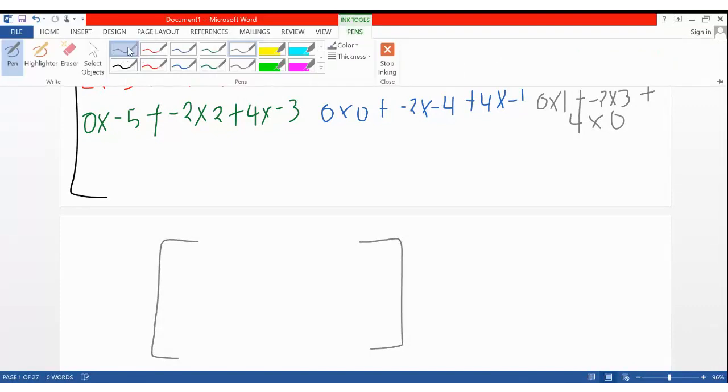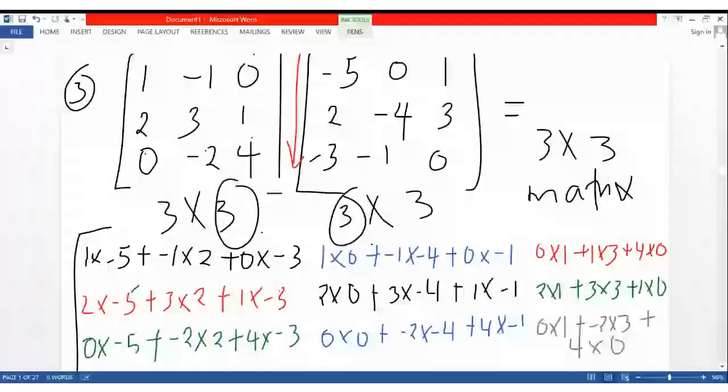So the first one I'm getting is what? Negative 5 minus 2. Sir, your first row, third column is not correct. First row, that column.